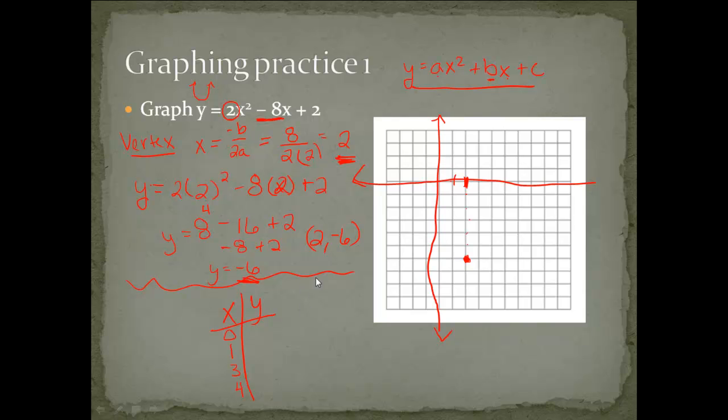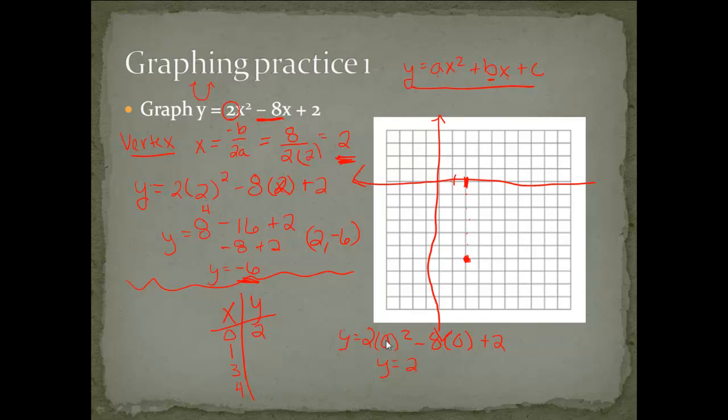Now I need to find the y's that match up with each of these x's. So to find my y values, I plug my x's back into my equation. If I just do the first one here, plug in 0, I would have 2 times 0 squared minus 8 times 0 plus 2. Simplify that all out, and I get y equals 2. So when x is 0, y is 2. Then I'm going to do the same thing for my value of 1.